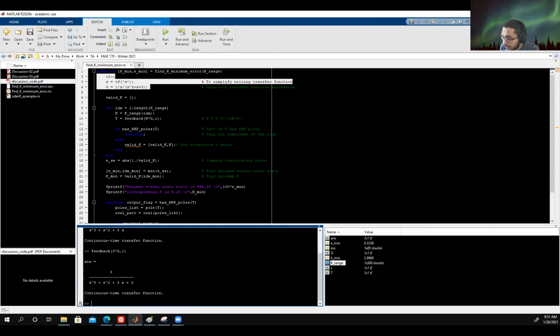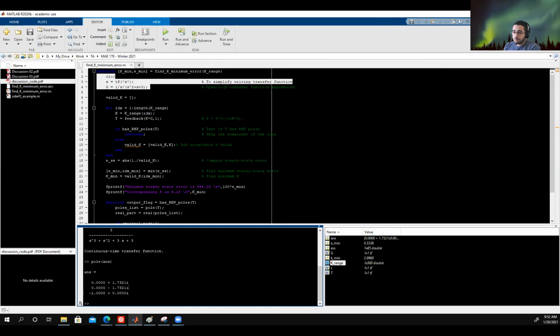So you get this transfer function, right? If you look at the poles of this transfer function, you will see that you have a pole at -1, and 2 imaginary poles at 1.73i and -1.73i, right?